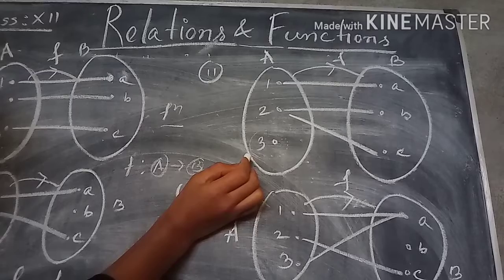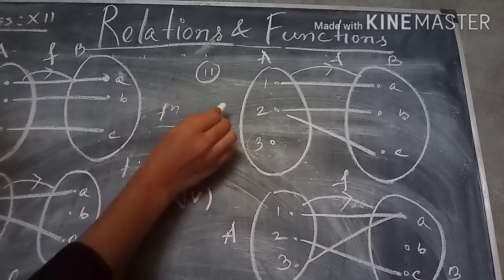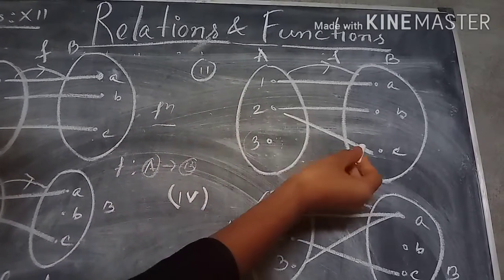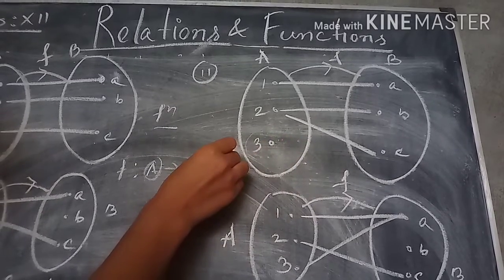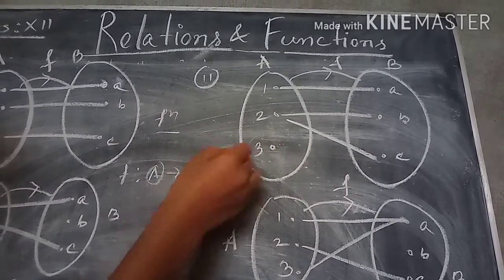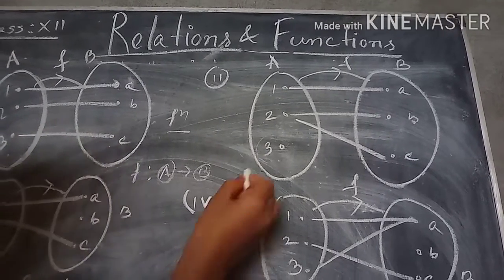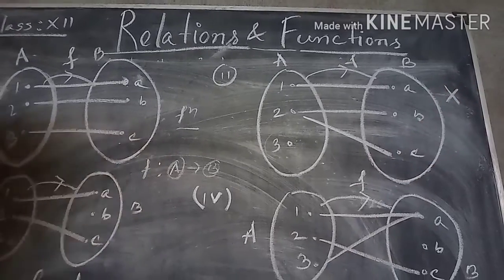So according to the definition of a function, each and every element of set A should have a corresponding distinct element in the set B. So this figure does not satisfy the condition of a function. So this is not a function.